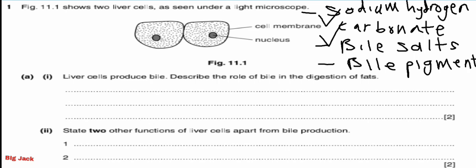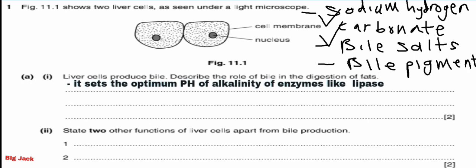So once bile has been produced by the liver cells, we know that in the bile we have sodium hydrogen carbonate. This one is going to neutralize so that the pH for the action of the enzymes that work under alkalinity can be set up. Okay, so to set up the pH for the action of enzymes like lipase, that's the answer.